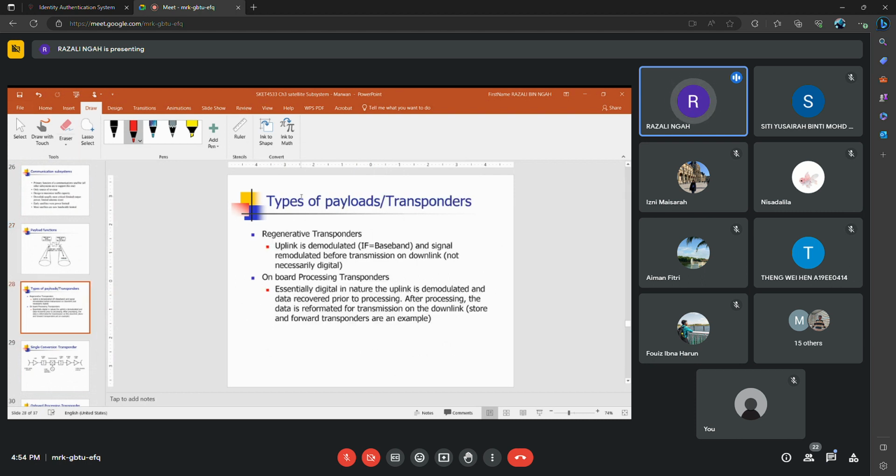So these are two types of payload or transponder: regenerative and onboard processing transponder.